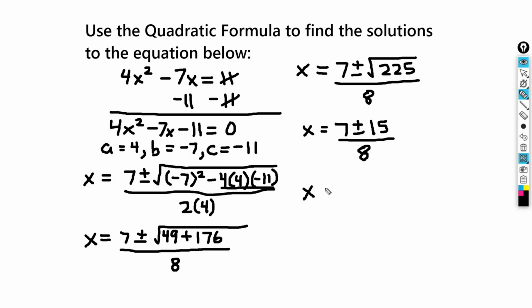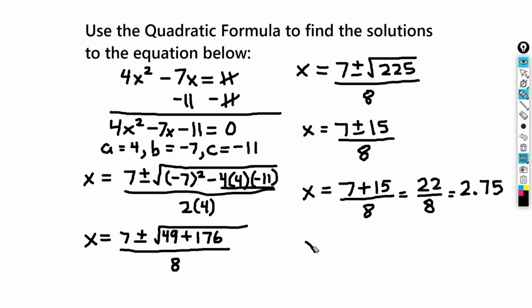So we've got x equals 7 plus 15 over 8. 7 plus 15 is 22 over 8. And if we divided 22 by 8, we would get 2.75. So we got 2.75.